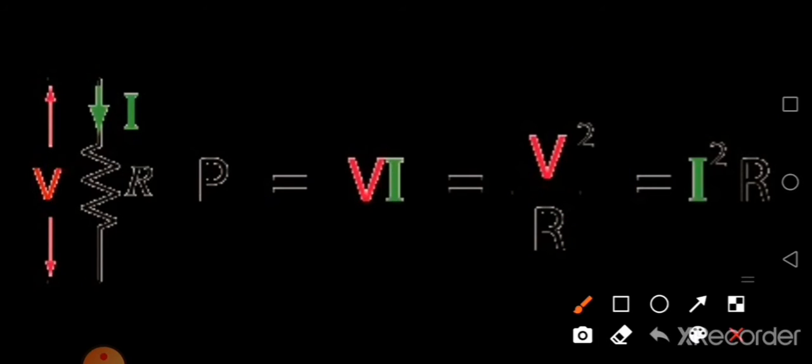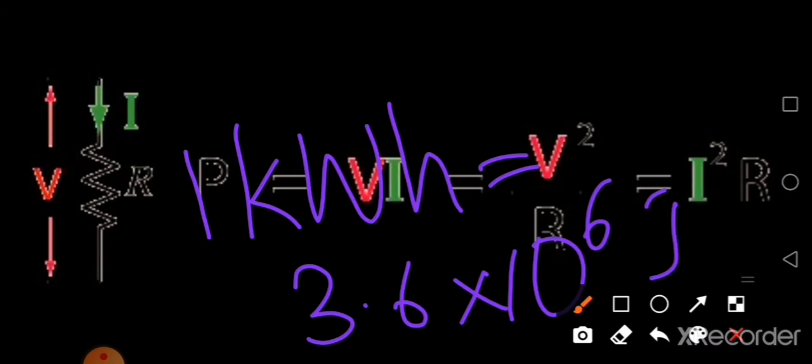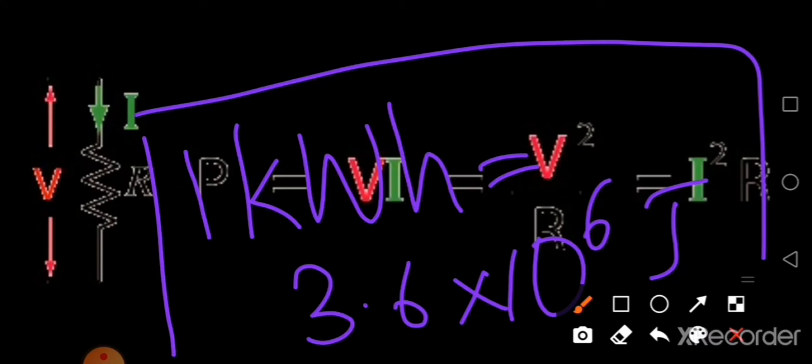Now you have to relate the commercial unit with the SI unit of energy. The relation is 1 kilowatt hour is equal to 3.6 into 10 raised to 6 joule. There is no derivation; you need to keep these relations and equations in mind only, nothing else.